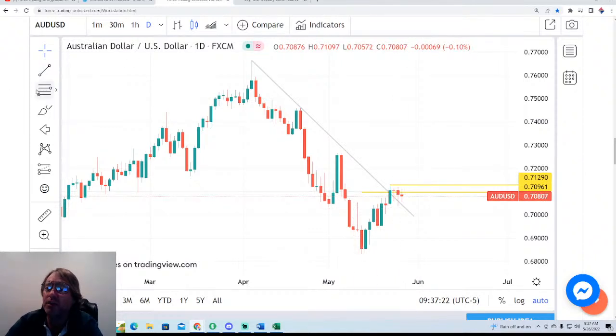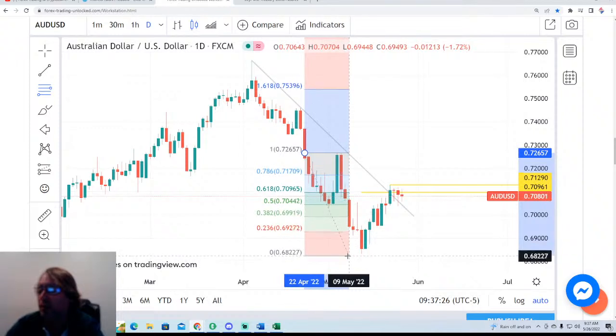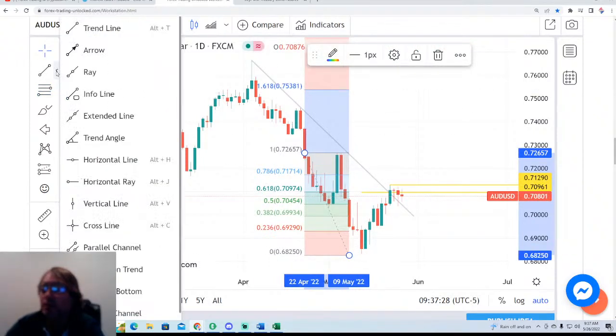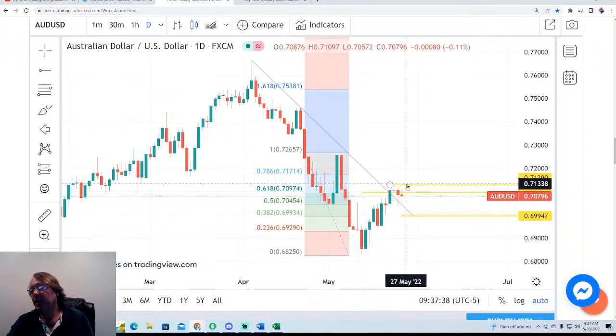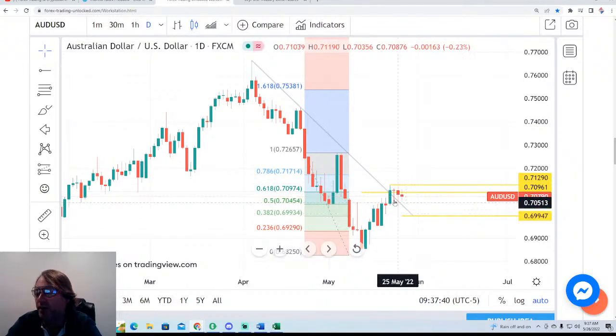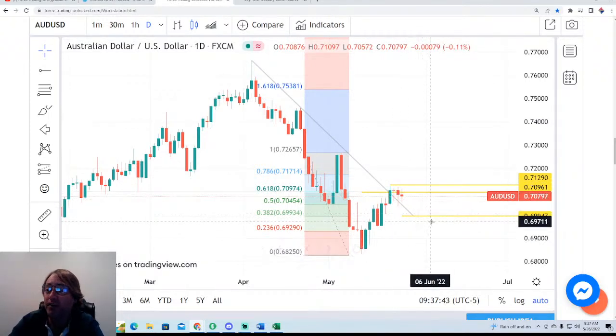As far as where it can go to the downside, at least in the short run, we've got a target right here. I know it's the 0.382 level, but this would be a good area where, if this is consolidating right now and trying to base, it would run out of gas.